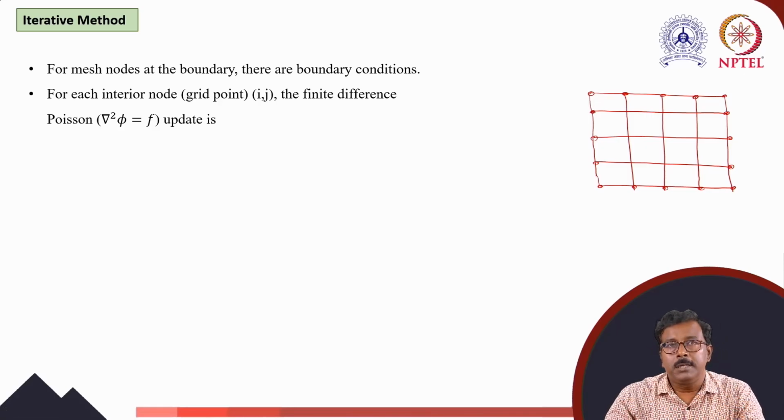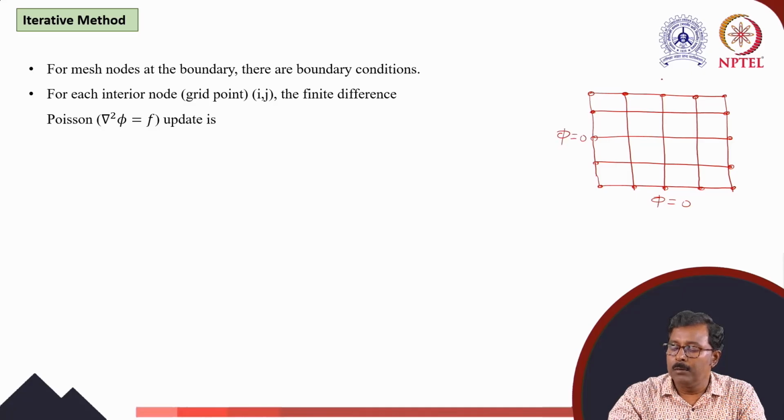And if boundary conditions are given, suppose in this plane the boundary condition is phi equal to 0, where phi is the potential. For this left side, also phi is equal to 0. This is also phi equal to 0. But here the nodes have phi equal to 100.